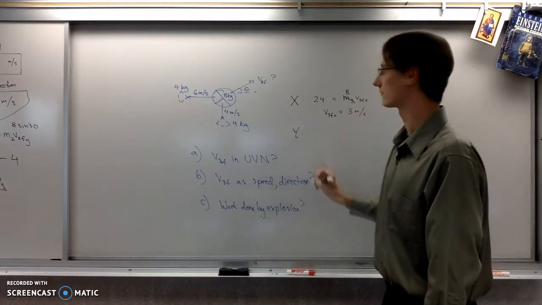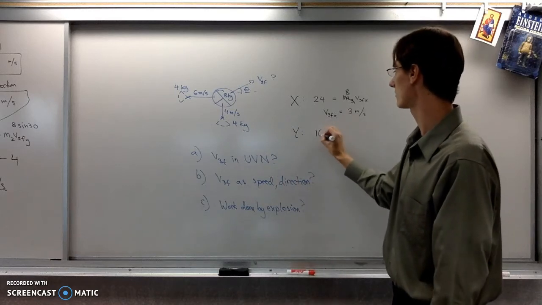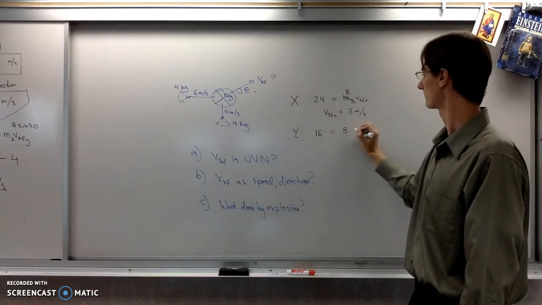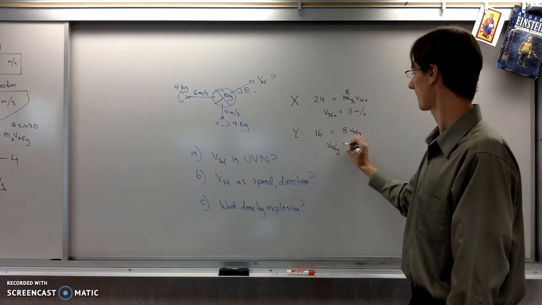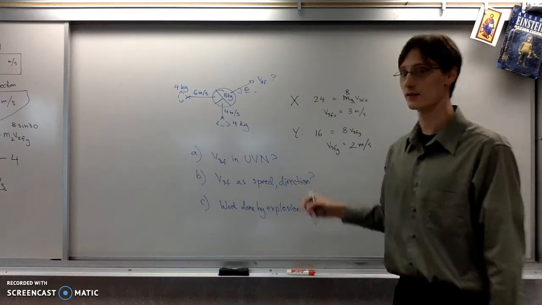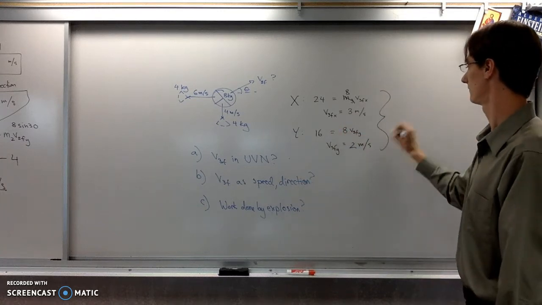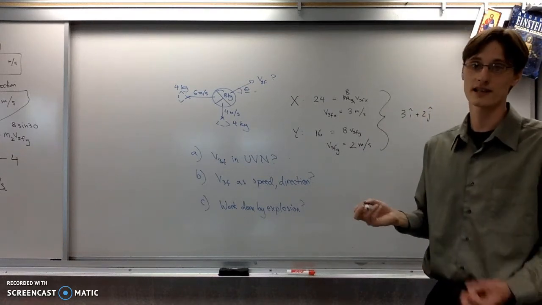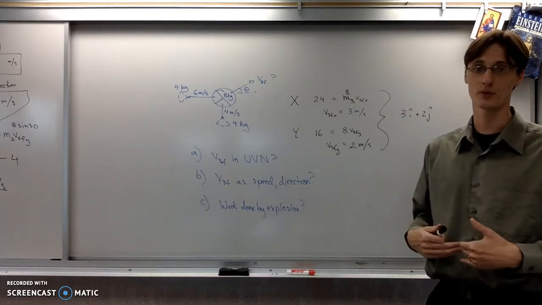All right, the y direction, same idea, right? It's got 16 in the negative y direction. So that means this fragment's going to have momentum in the positive y direction. Okay, so its velocity in unit vector notation would end up being 3i plus 2j.